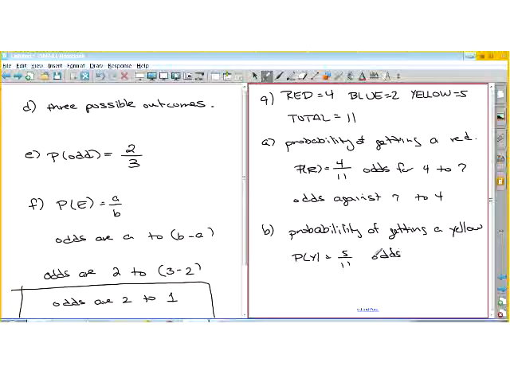So the odds for getting yellow is going to be 5 to 6, because you have 5 as the numerator, 11 minus 5 is 6. So odds against is 6 to 5.